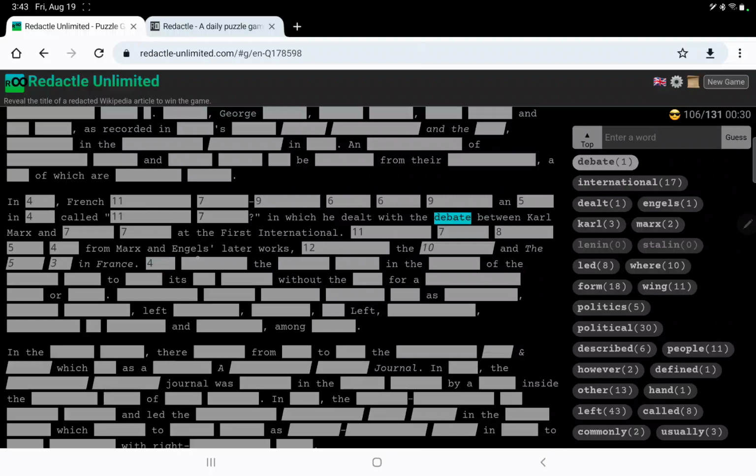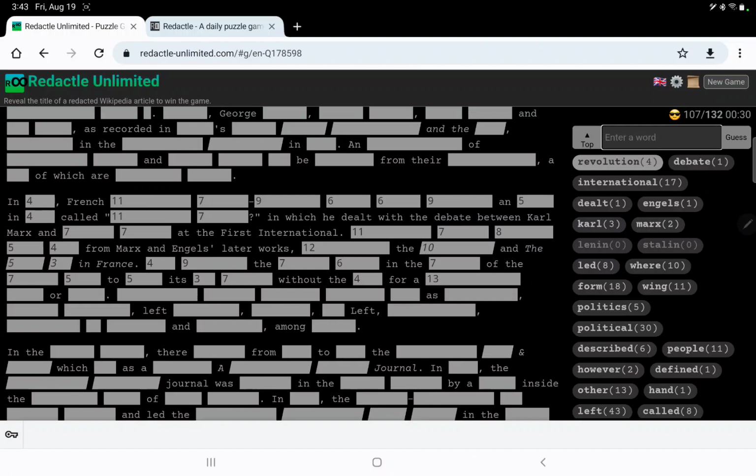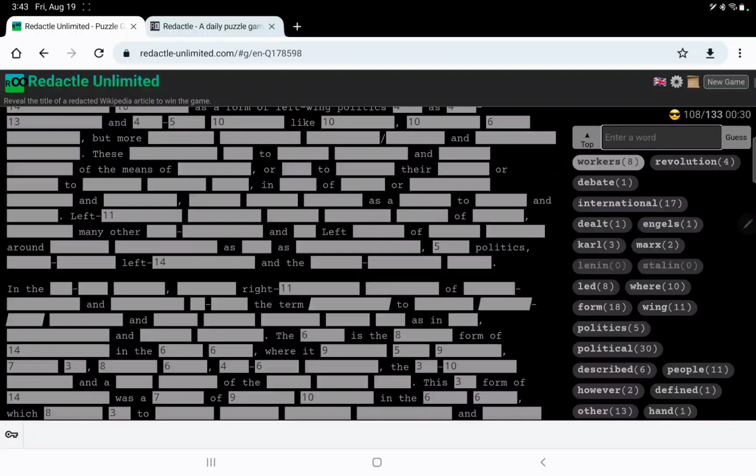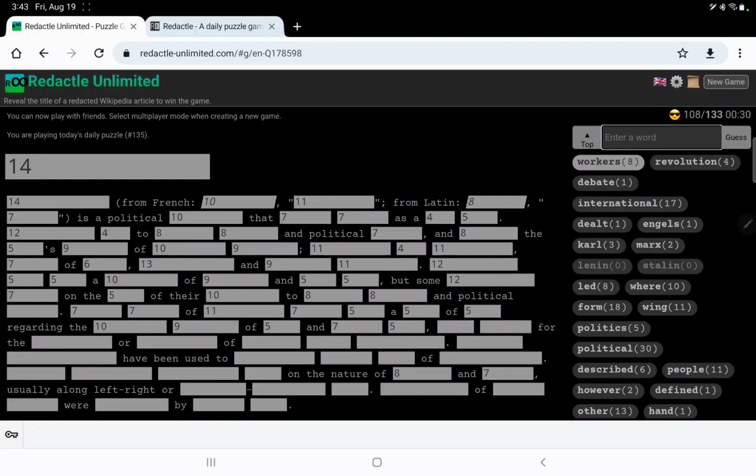The something and the... I wonder if revolution is in there. Yeah, how about workers? Yes. I'm going to go back up to the top since we now seem to have a clue that this is political. Yeah, and sure enough, 14 from the French.